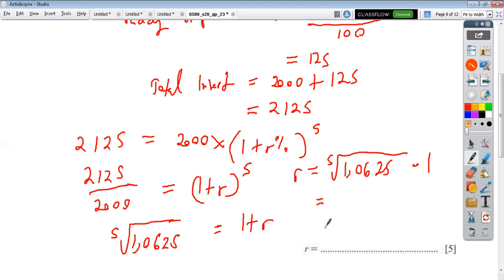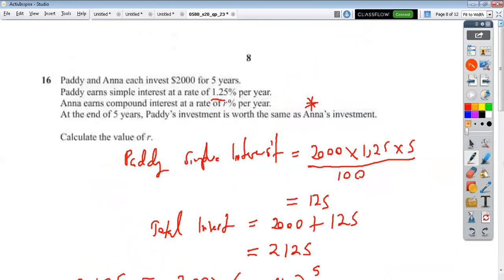0.012, which means this is 1.2. Clear? 1.2%.